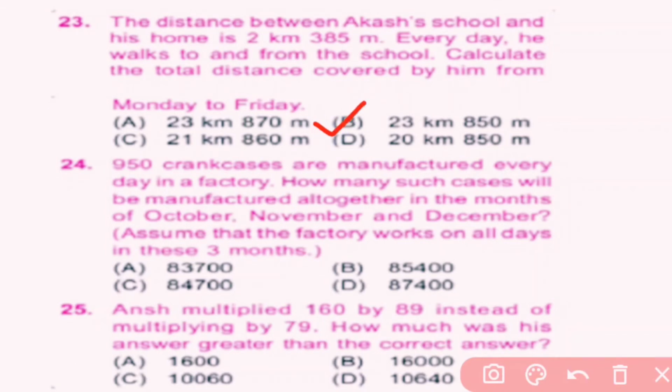Question number 24. 950 crankcases are manufactured every day in a factory. How many such cases will be manufactured altogether in the months of October, November and December? Assume that the factory works on all days in these 3 months.